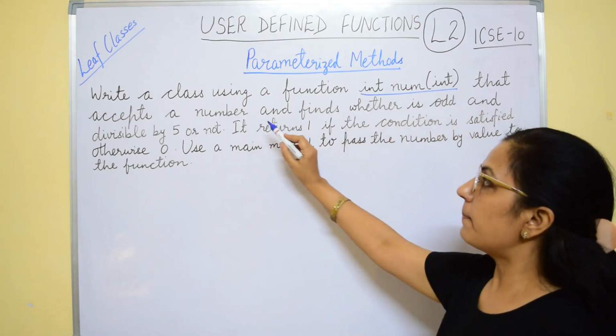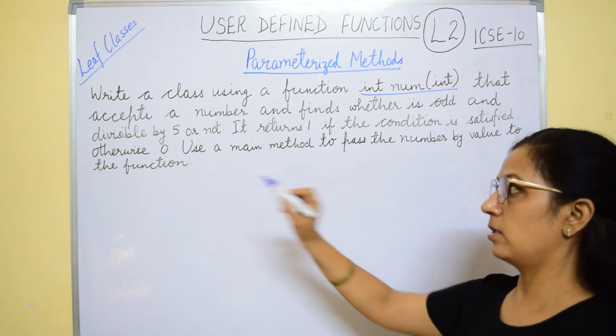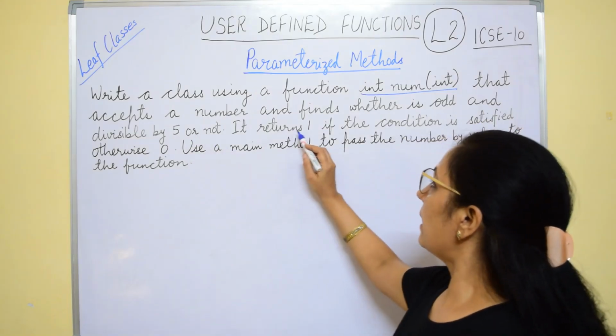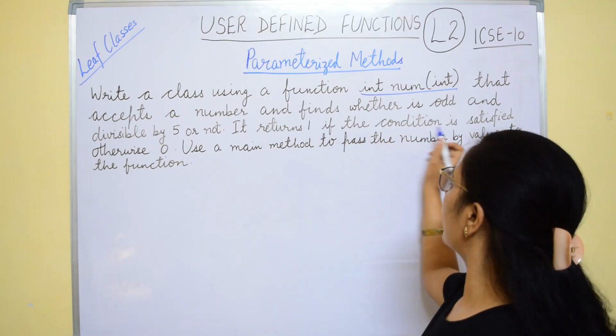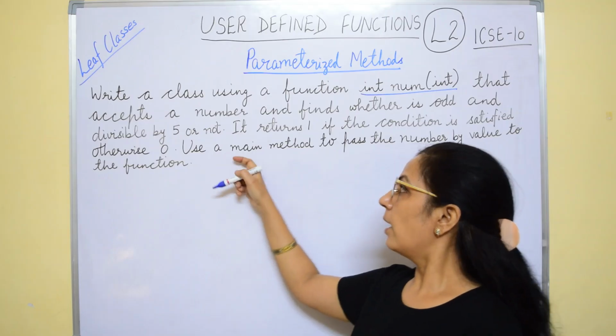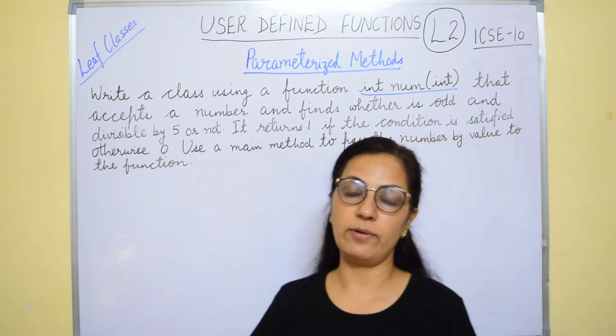That accepts a number and finds whether it is odd and divisible by 5 or not. It returns 1 if the condition is satisfied, otherwise it returns 0. Use a main method to pass the number by value to the function.